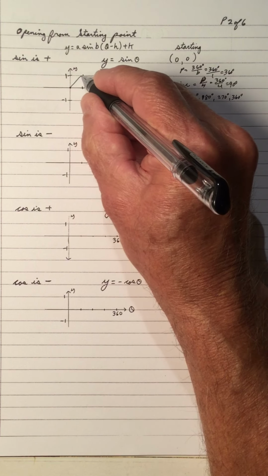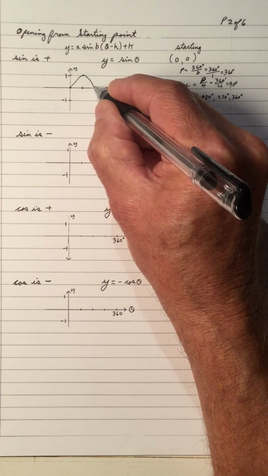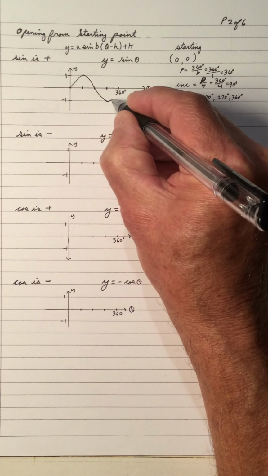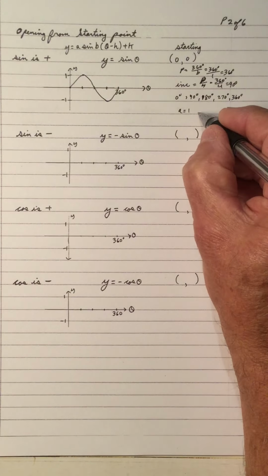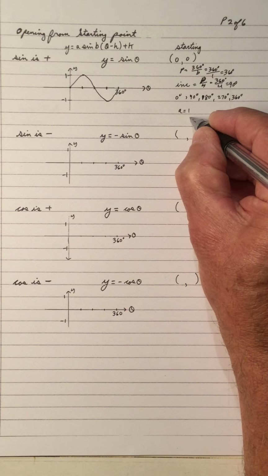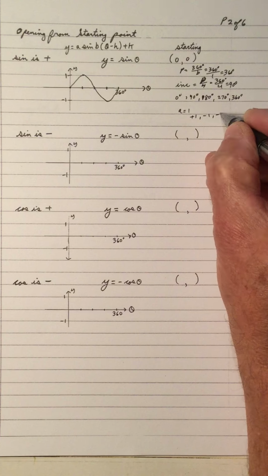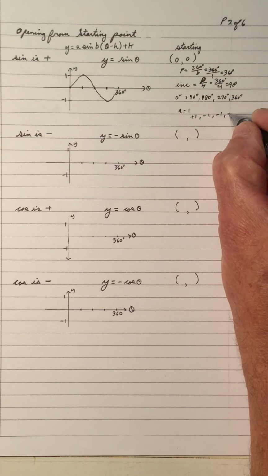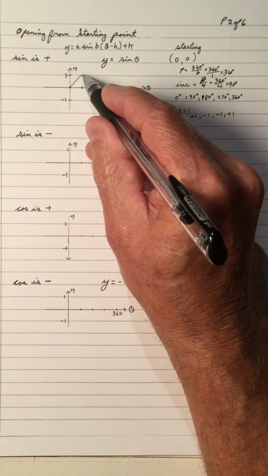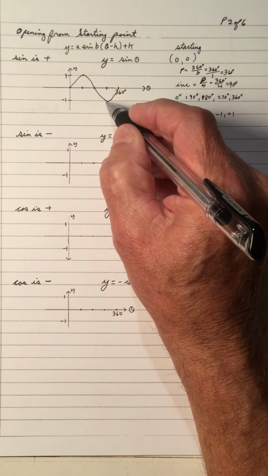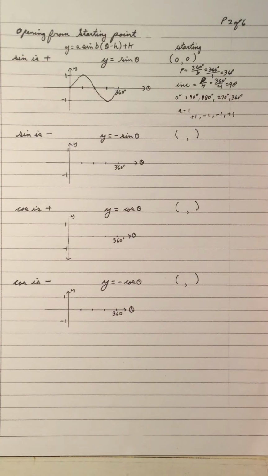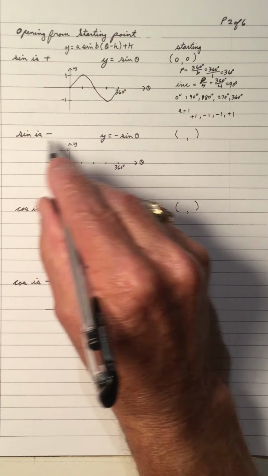So we go up 1, down 1, down 1, up 1. The increment changes are plus 1, minus 1, minus 1, plus 1, because the sine goes up first, then down, and down again, and then up.